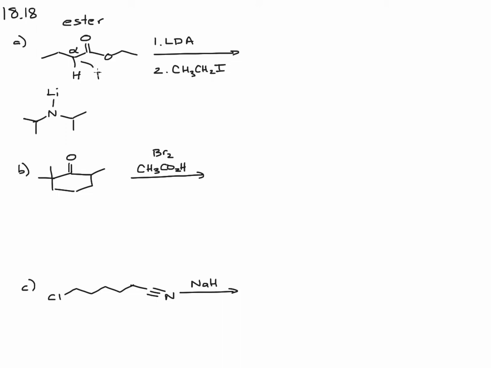We can think of this as a pKa of approximately 25. The remaining hydrogens in this molecule will have pKa's of around 50. So the lithium diisopropyl amide is going to behave as a base to abstract the acidic proton.